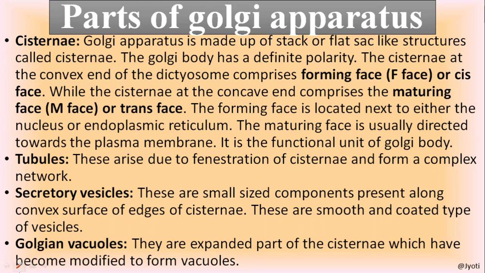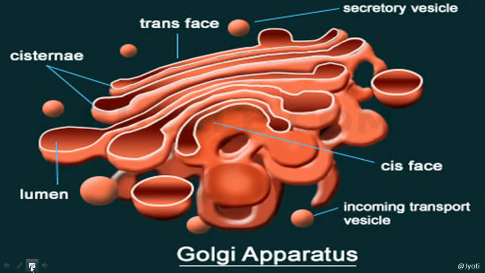The cisternae at the concave end comprise the maturing face, M face or trans face. Let me show you. The convex face is formed by the accumulation of the vesicles of the endoplasmic reticulum.